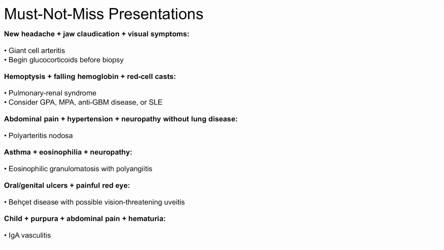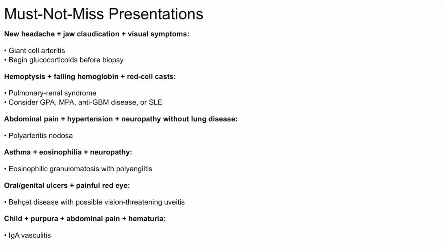Hemoptysis, a falling hemoglobin, and red cell casts indicate pulmonary renal syndrome, with a differential including GPA, MPA, anti-GBM disease, and lupus. Abdominal pain, hypertension, and neuropathy without pulmonary involvement suggest polyarteritis nodosa.